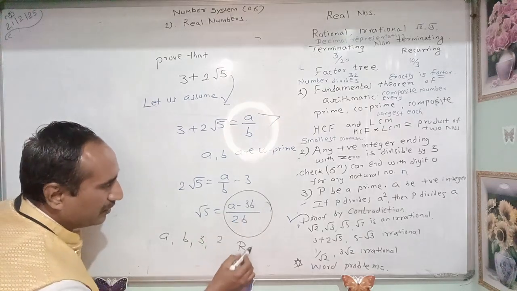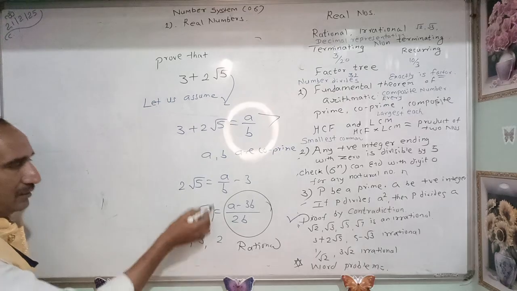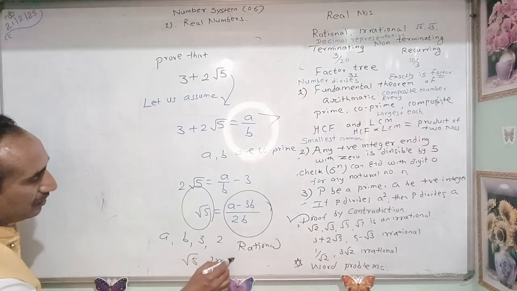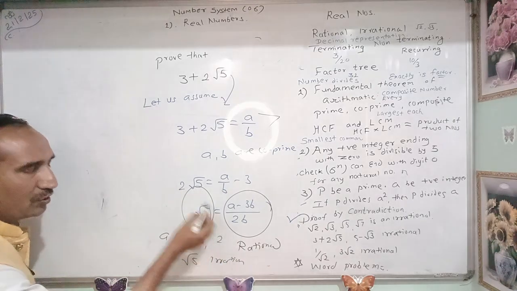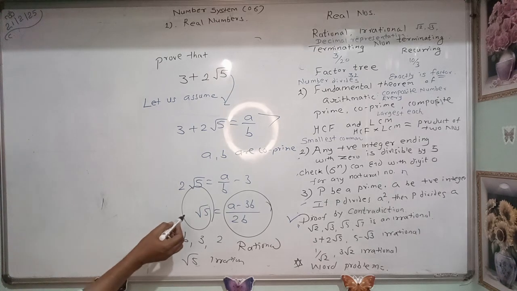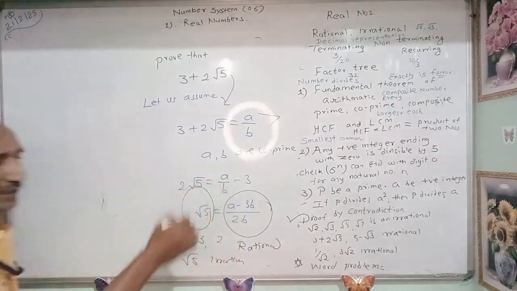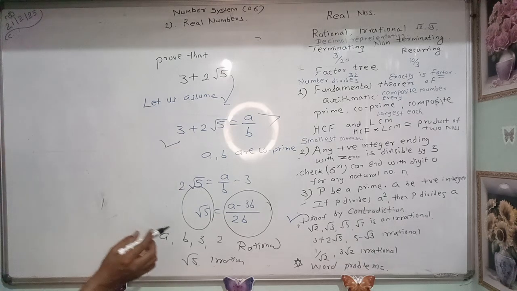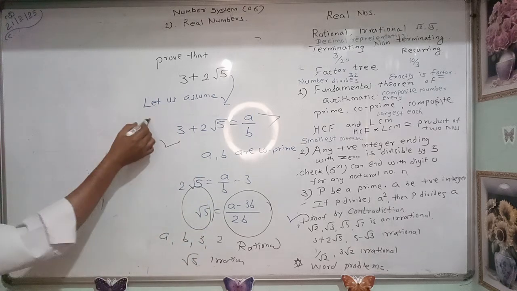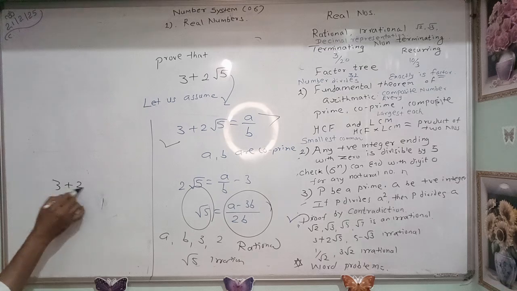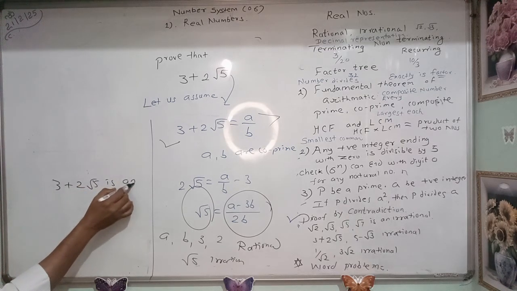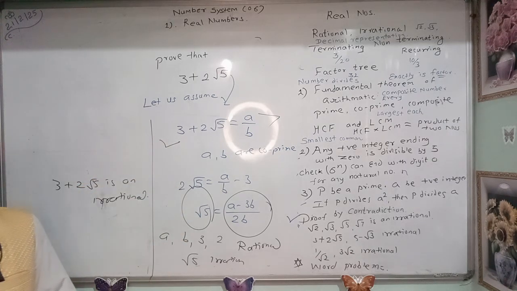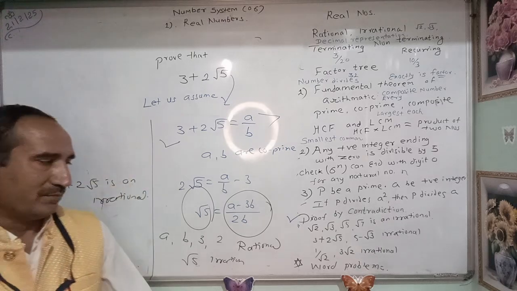This is rational, while the left hand side is root 5, which is irrational. So rational and irrational cannot be equal. So our assumption is incorrect that 3 plus 2 root 5 is a rational number. So we write 3 plus 2 root 5 is irrational. In this way, for 2 marks, we have to prove this as an irrational number.